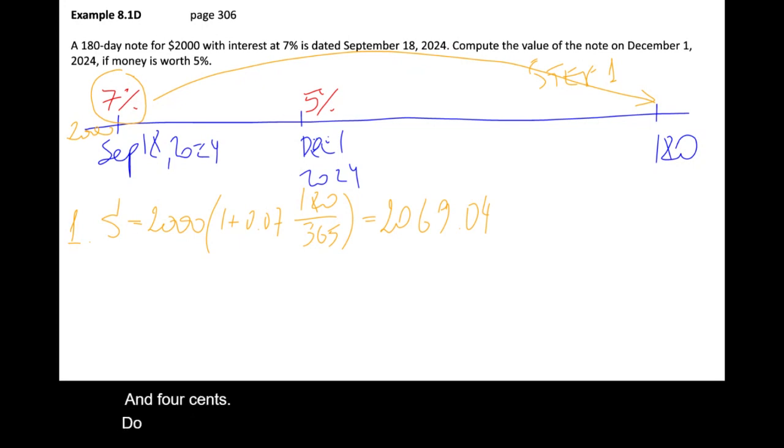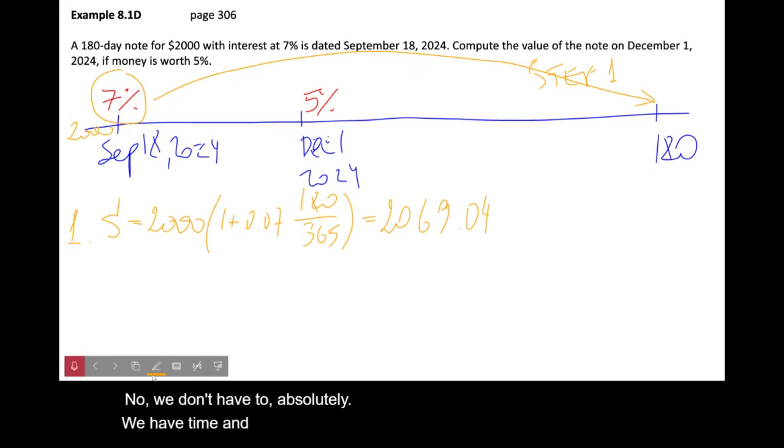Now, do we need to know the maturity date? People? No, we don't have to. Absolutely. We have time, 180 days, that's enough.